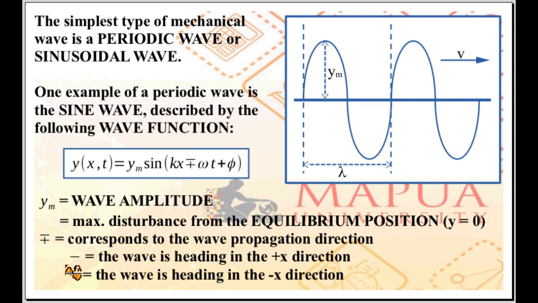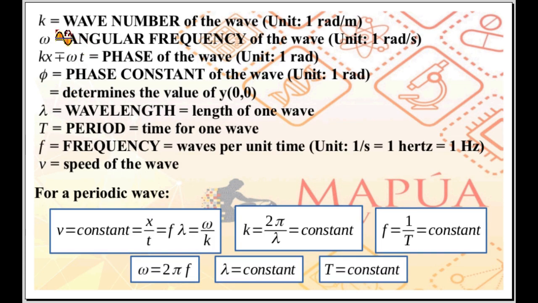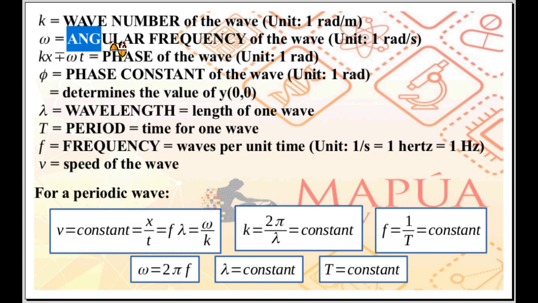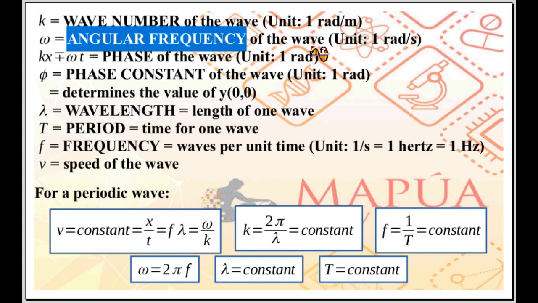Use the minus sign if the wave is heading in the positive x direction, and the plus sign if the wave is heading in the negative x direction. And k is the wave number of the wave. Unit is radians per meter, while omega is the angular frequency of the wave. Unit is radians per second.